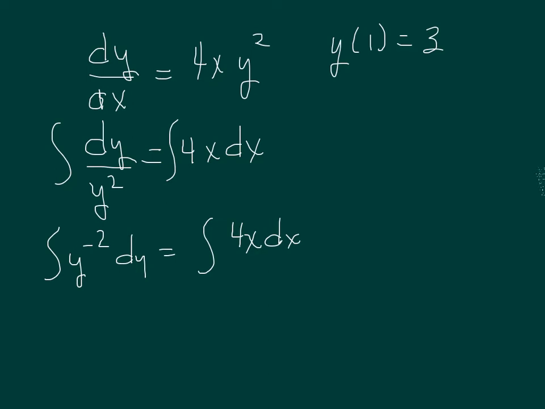So when we integrate, we add 1, so we get y to the -1 over -1 plus c, but I don't have to put it there. I can just put it on the other side, equals 2x squared plus c.